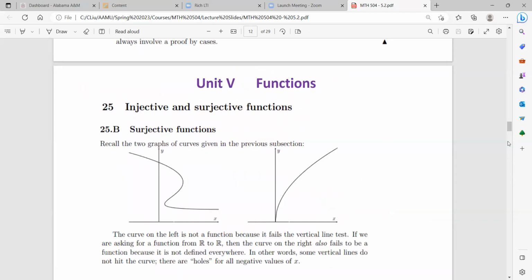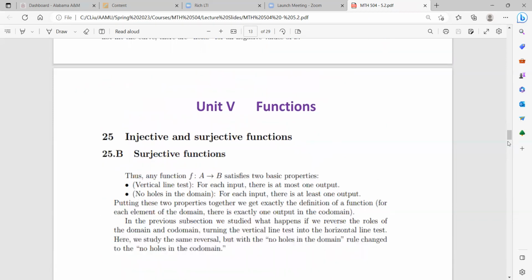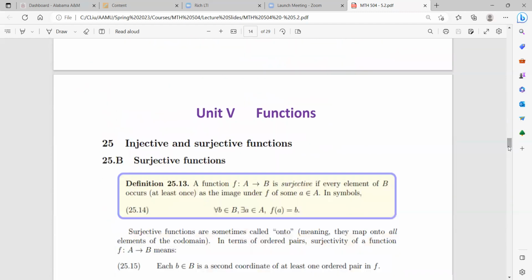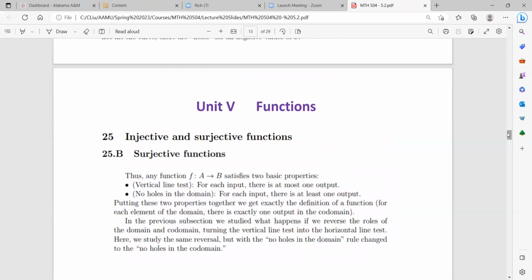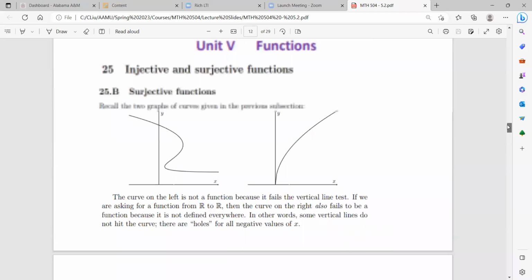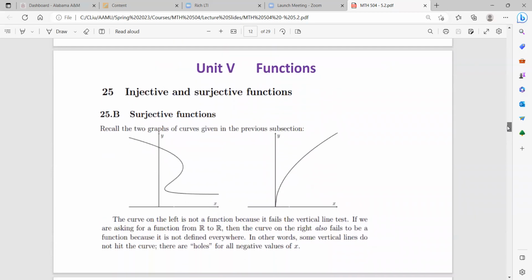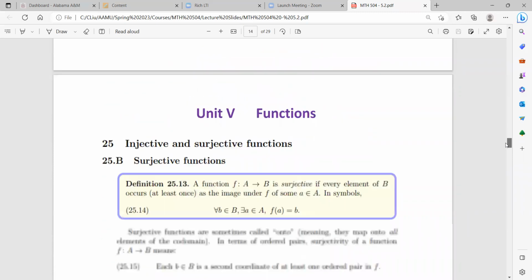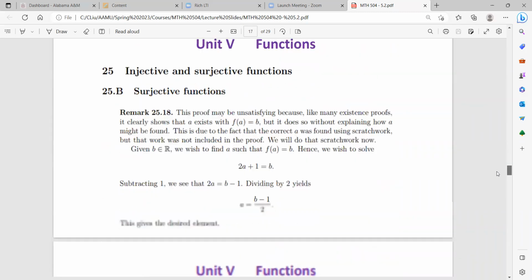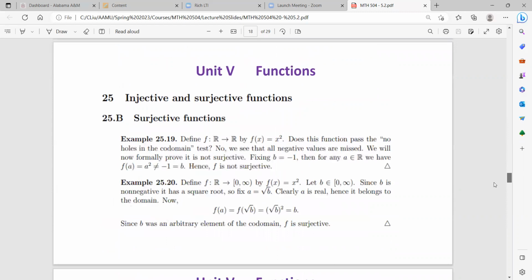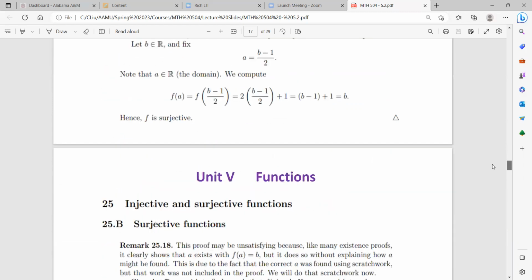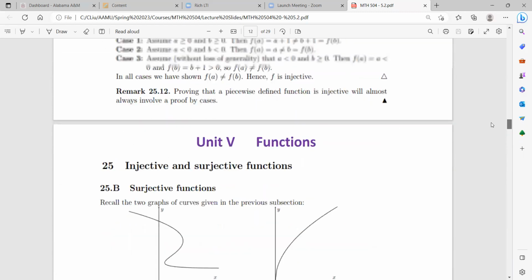I guess I will not talk about surjective functions. I'll leave it to the next class on Wednesday. We'll not be able to do much about surjective functions today. So let's just stop here.